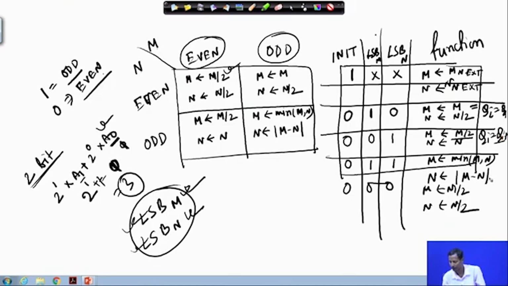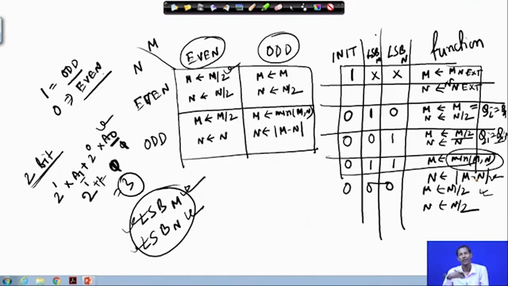Then I require the other input or other function: other circuitry to produce the minimum of m and n and the mod of m minus n. So, this is the operation table.